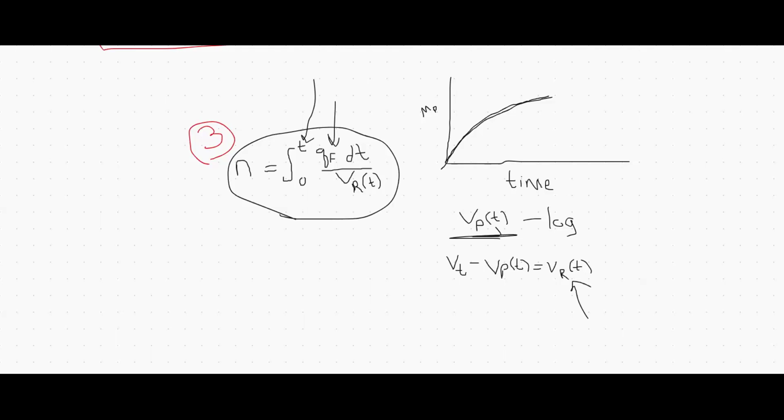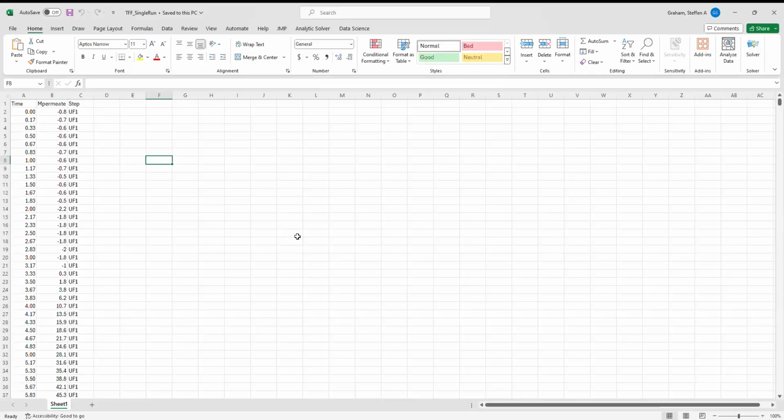So first, I'm going to just share my Excel sheet so you can see what that format would look like. Okay, there it is. So hopefully you can see Excel right now.